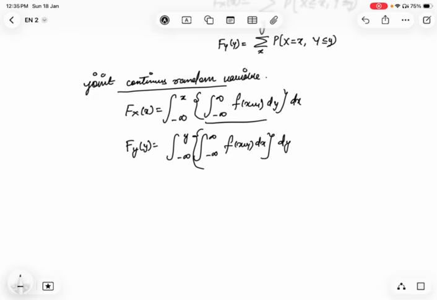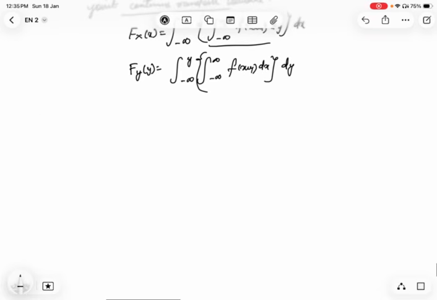Let me illustrate with one example so that the concepts are more understandable to you all. Example 4, I think it is.